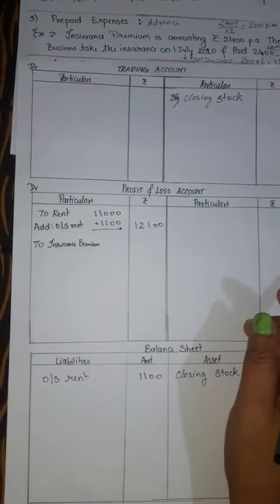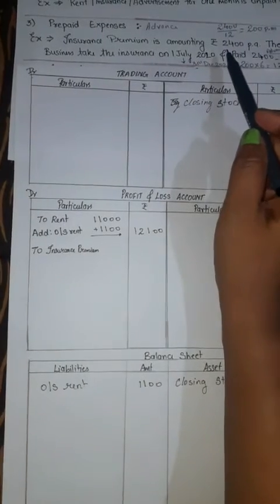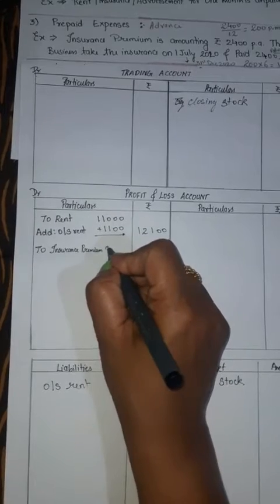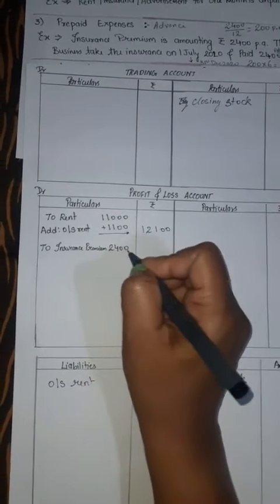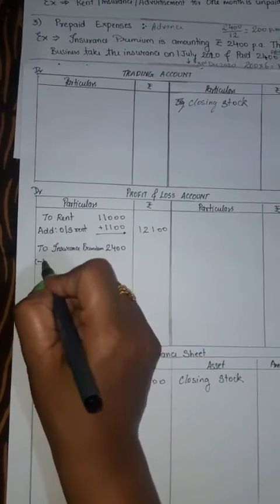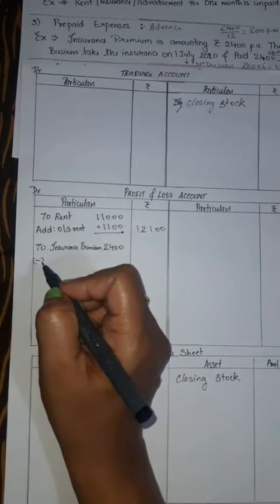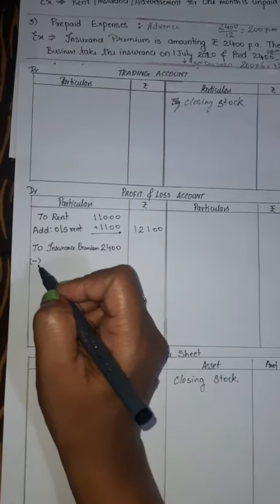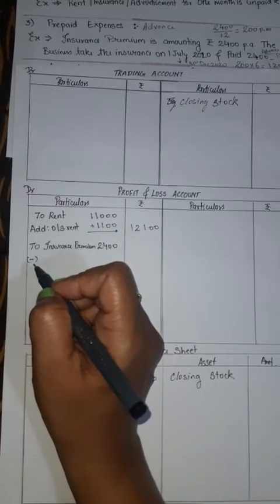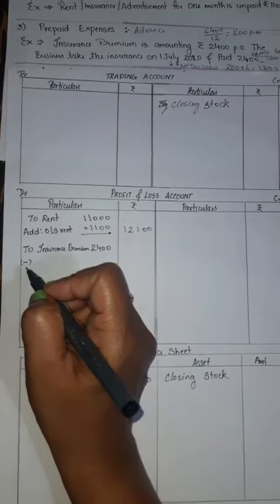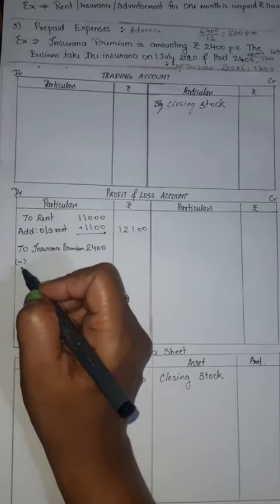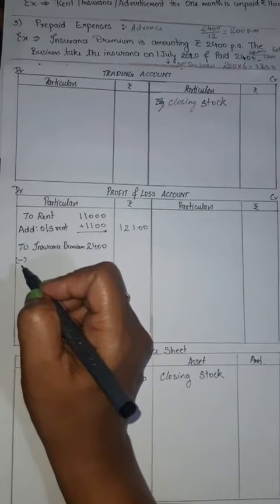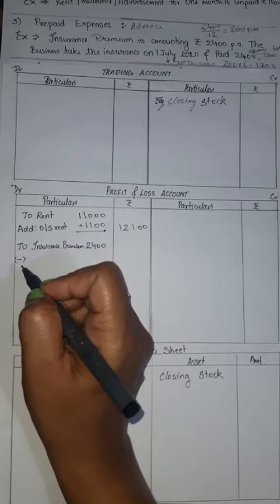What is the amount I have to show here? See, for 1 year it should be 2,400. But we have taken insurance on 1st July, and from 1st July to 31st December, it is only 6 months that we have covered so far. So actually we are supposed to pay insurance premium of 1,200 for these 6 months, but we paid 2,400.